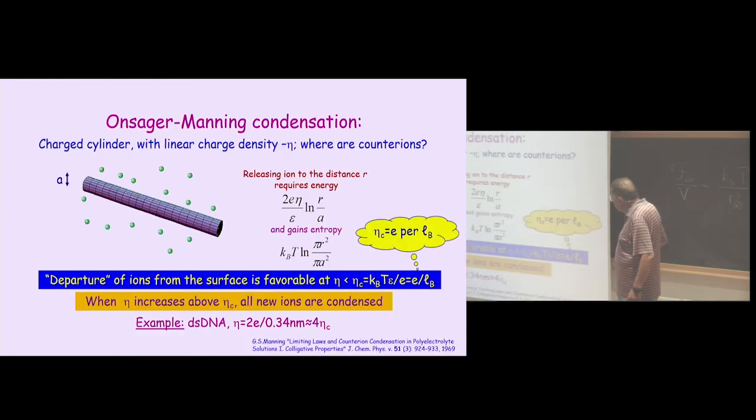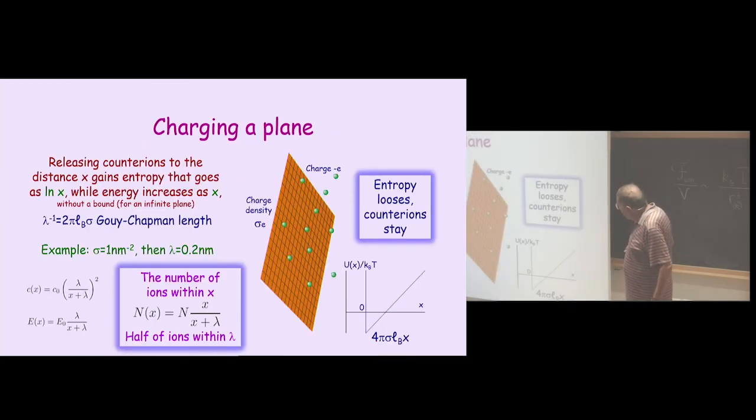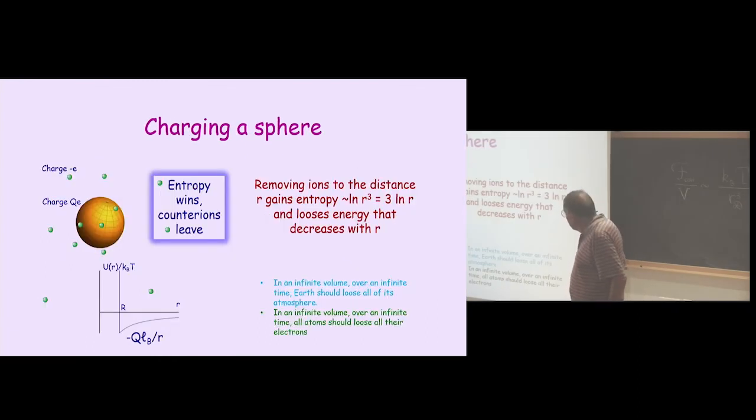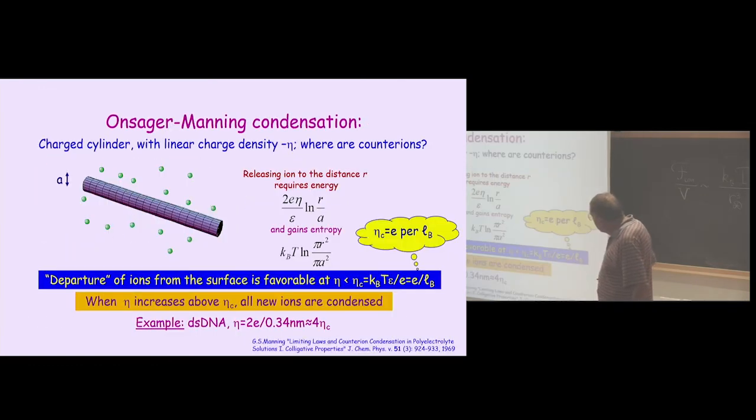And the story is that for a polymer, I will just tell you that a charged plane holds its counterions within a short distance. A charged sphere does not hold its ions. Ions in a dilute system escape. A cylinder is an interesting intermediate case. A polymer is an interesting intermediate case.